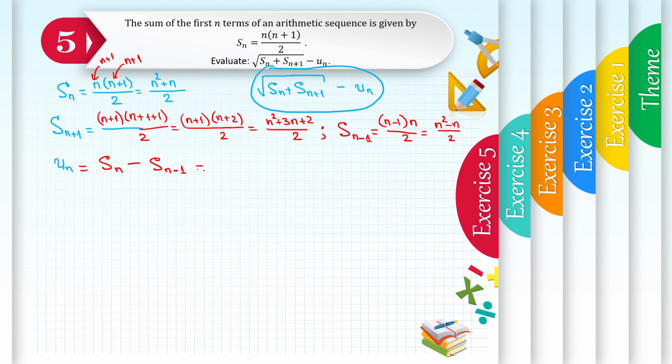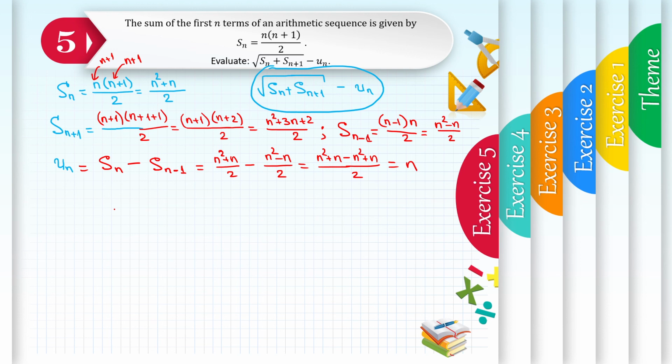So now we can find the formula for u sub n. So it will be n squared plus n over 2 minus n squared minus n over 2, which gives us 2n over 2, or it is equal to n.